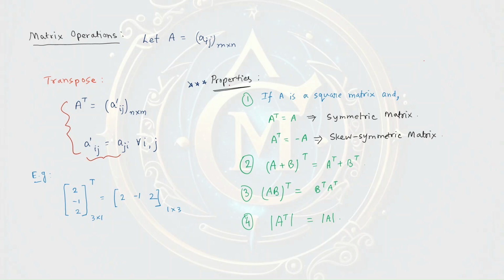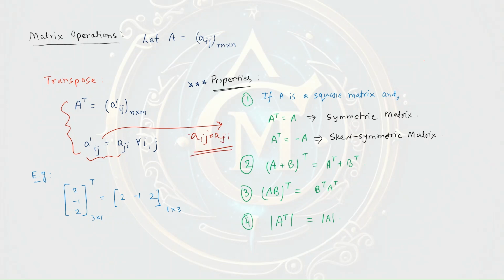So here are the important properties to remember. This is a very important section. You have to remember the properties in your tips. So the first property: if A is a square matrix and A transpose is A, then A has to be a symmetric matrix. From this definition, we can see easily why this holds true. A transpose becomes equal to A. That means this A dash ij, let us omit this dash, that means Aij is equal to Aji.